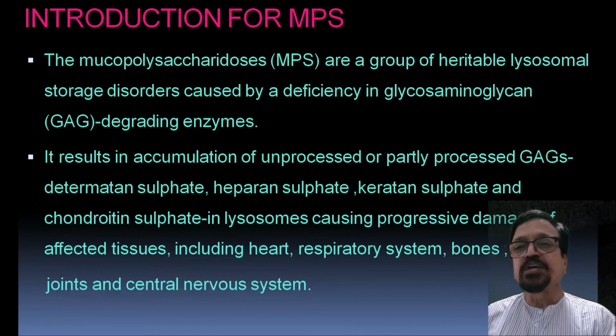It results in accumulation of unprocessed or partly processed GAGs, dermatan sulfate, heparan sulfate, keratan sulfate, and chondroitin sulfate in lysosomes, causing progressive damage of the affected tissues, including heart, respiratory system, bones and joints, and central nervous system. So this was the introductory or the genetic basis for the MPS.